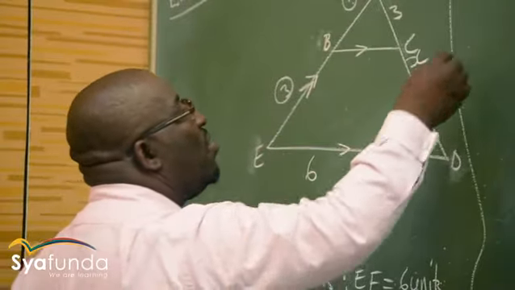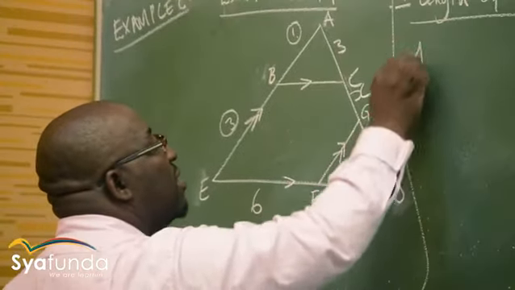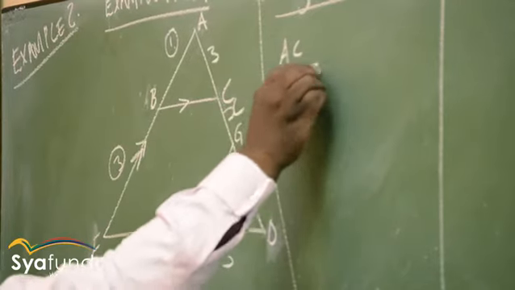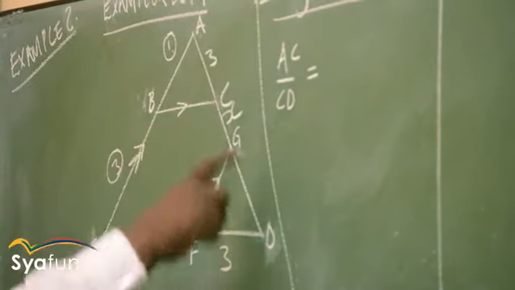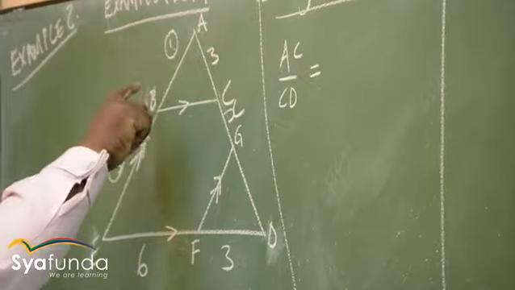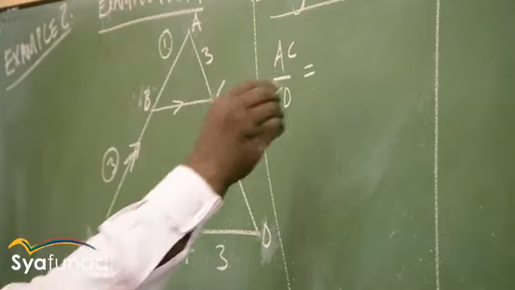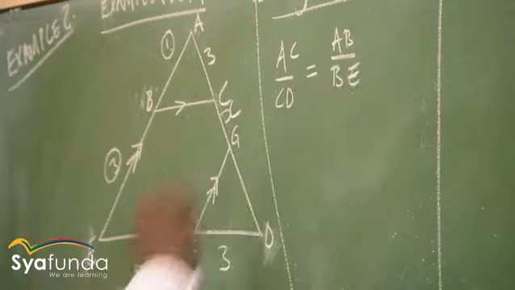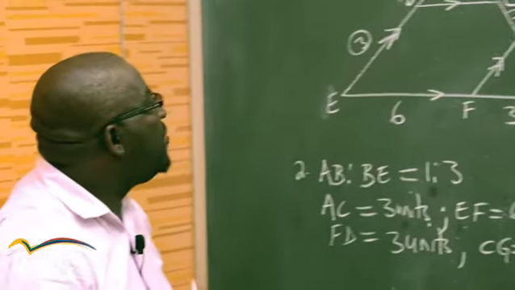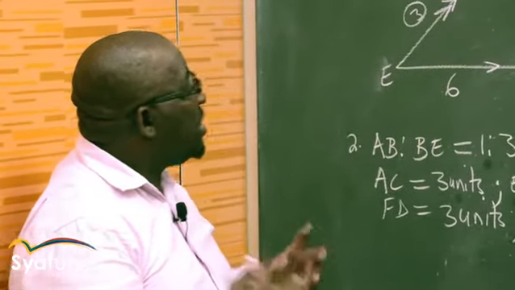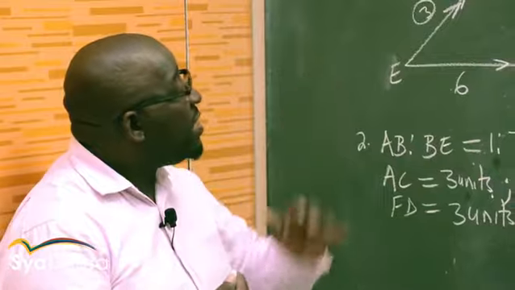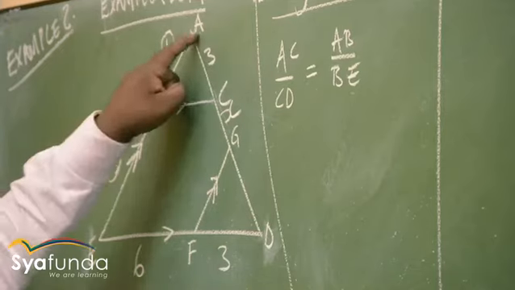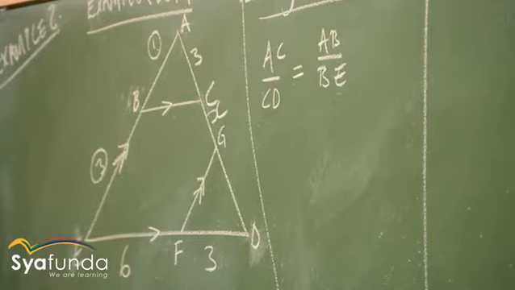So AC over CD, the one we're looking for, is the same as AB over BE. We are looking for CD, but we are given the ratio of AB over BE. We know what AB over BE is in terms of ratio.